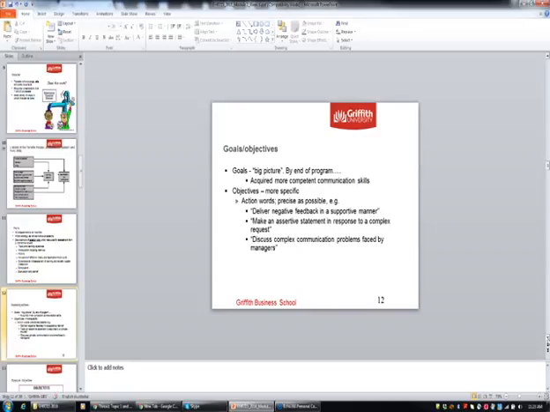Or you could get them to write that down. Another objective could be: discuss complex communication problems faced by managers. So discuss means that you can articulate the different issues that come up. But the point of this is to try and be specific and not be broad, so that you know what you're actually looking for, what people are learning, and what you're going to evaluate.